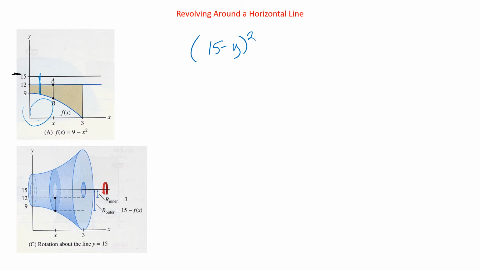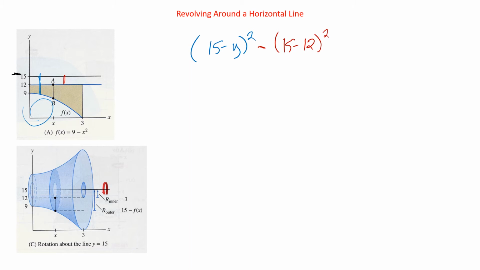The smaller radius is just this. It's from 15 to the line y equals 12. It's not specified right here in the equation, but it's the line y equals 12. The distance from 15 to 12 is 3. It's always 3. We get that because it's 15 minus 12, squared.